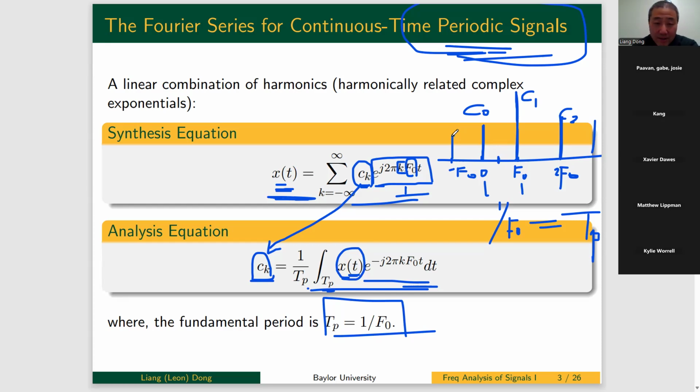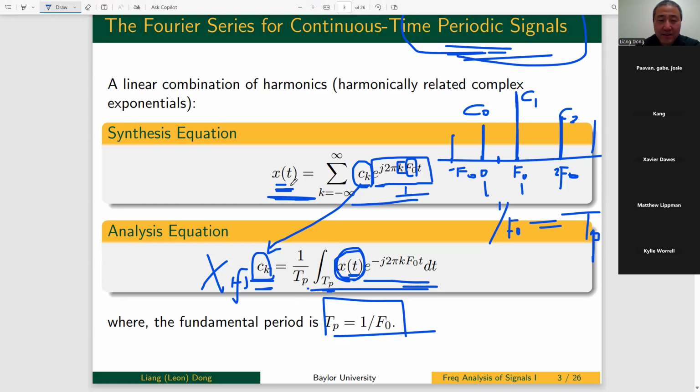We know this is actually X(f), but just discretized. So you have a time domain signal, transfer it into a frequency domain signal, and that is the direct Fourier transform. Now, what about this synthesis equation?